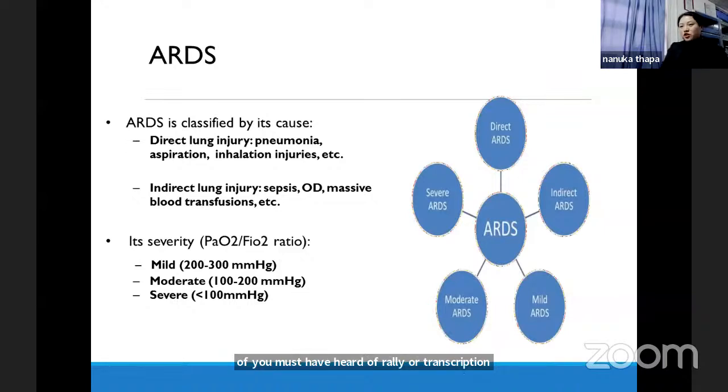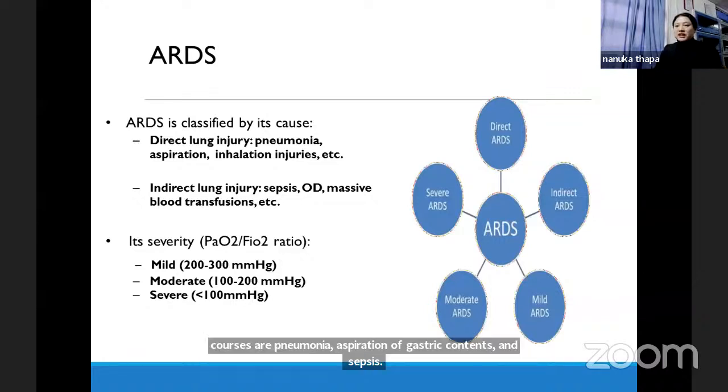Then we have drug overdosing. And of this, the most common causes are pneumonia, aspiration of gastric contents, and sepsis.